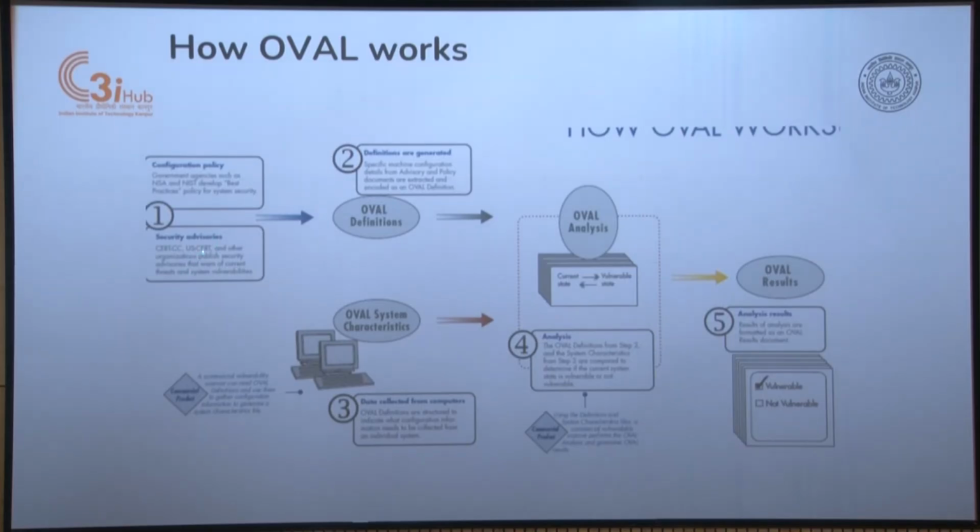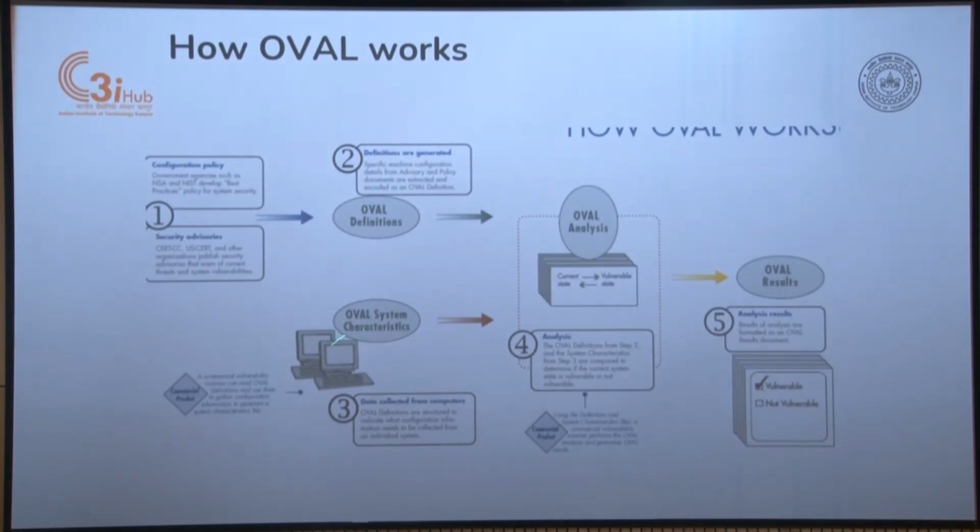So, this CERT is basically saying that there is a new vulnerability that has come up, and here is a definition in OVAL language on how to test for that. So, either you take directly the definition given by them, or you write the definition based on the policy, etc., that this is what I am going to test to check whether that particular problem exists.